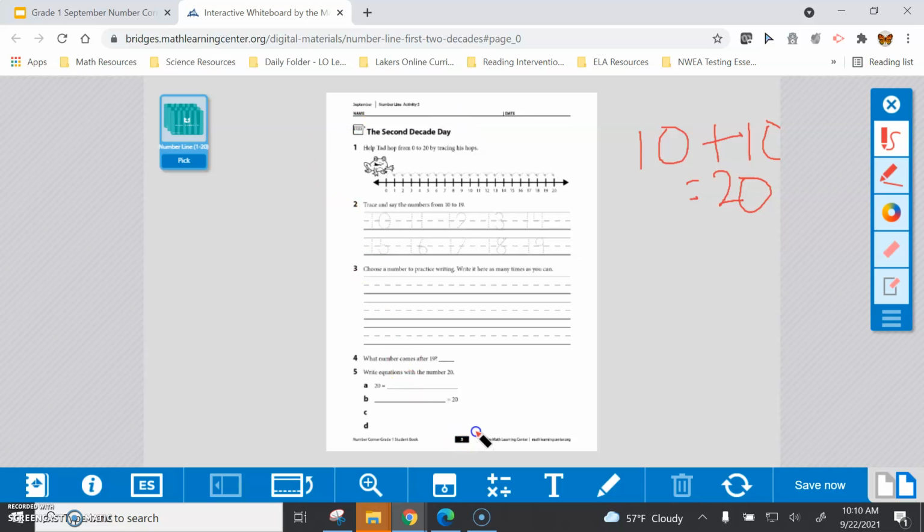And what we're going to do on page 5 is at the bottom of the page. If you look at it carefully, number 5 is on the bottom of that page in that workbook we have.